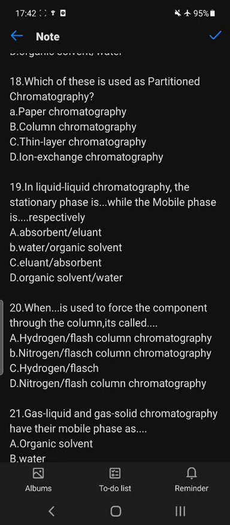I think option B is opposite to option D. If you are not careful enough, you pick option D, which becomes the wrong answer because it said respectively. Stationary phase was mentioned first, so we are going for water. Then mobile phase was mentioned second, so organic solvent. The answer is B.